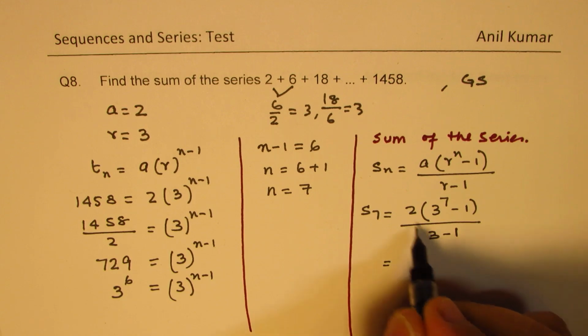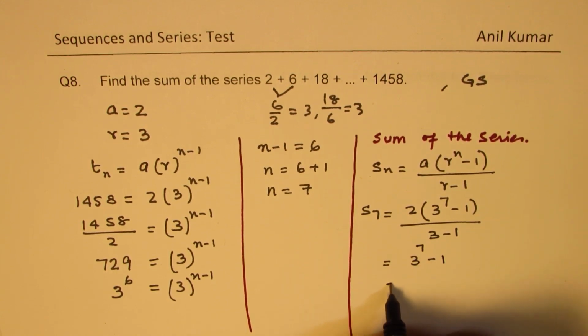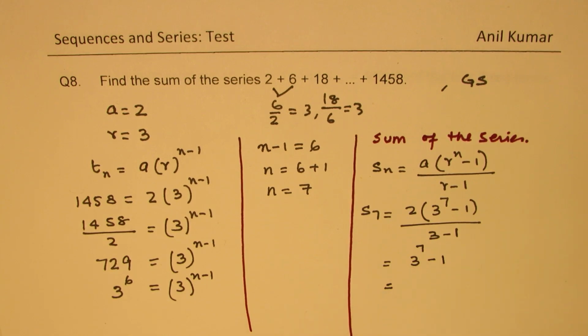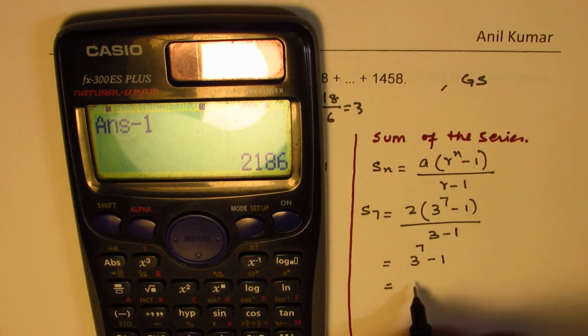So 3 minus 1 cancels, so you get 3 to the power of 7 minus 1. Let's calculate: 3 to the power of 7, and then we'll take away 1 from here. So we get 2186.